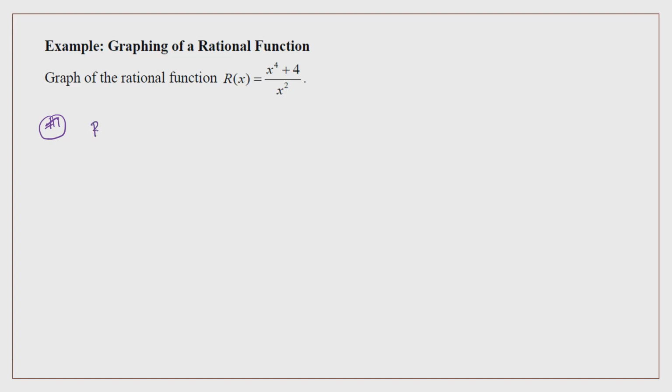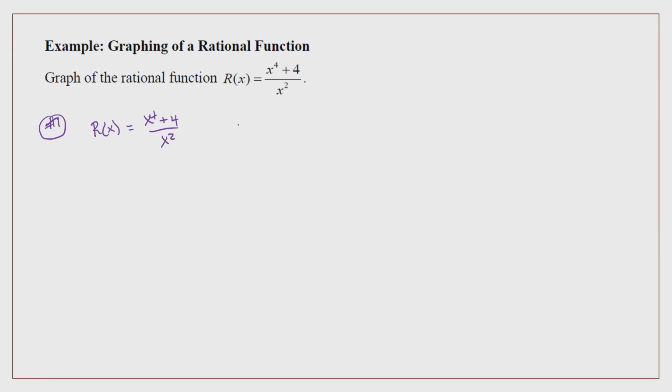Okay, so r of x equals x to the fourth plus 4 divided by x squared. This cannot be factored, so this is the factored form.